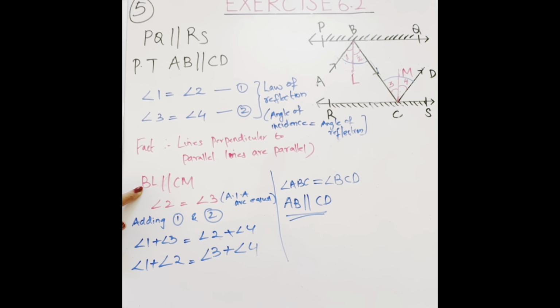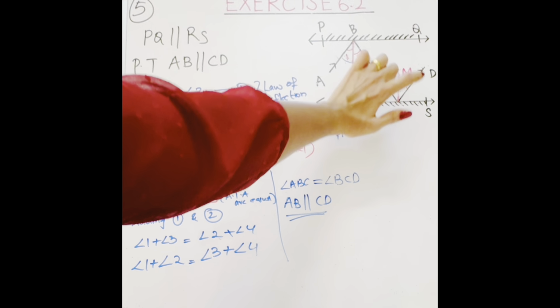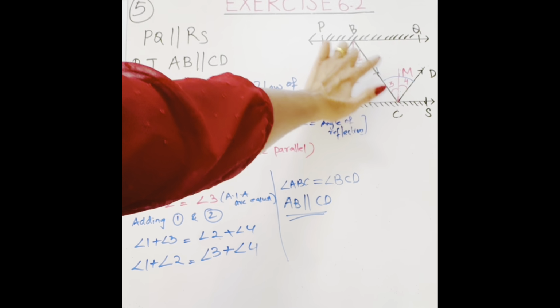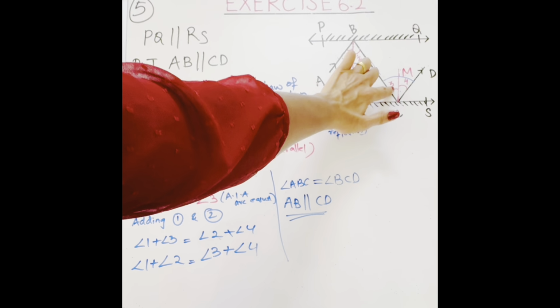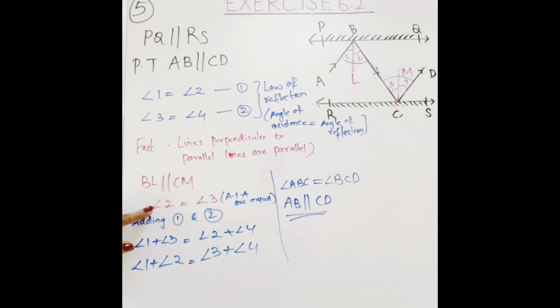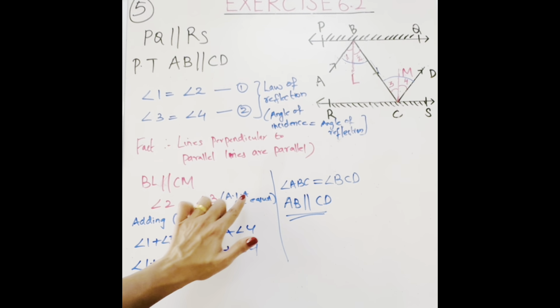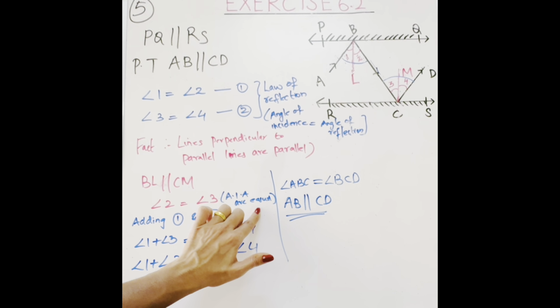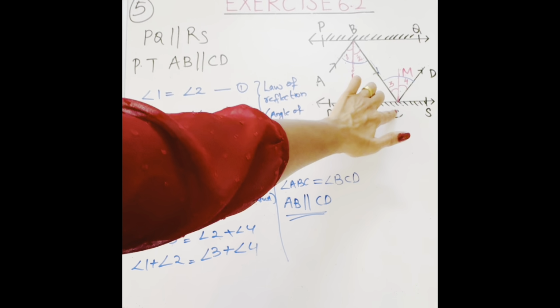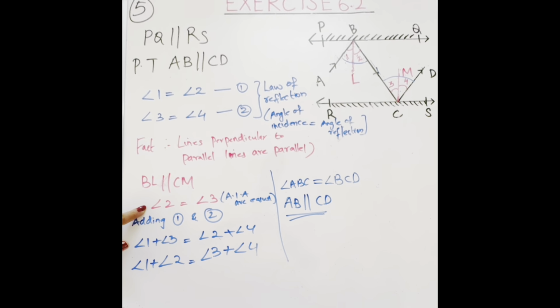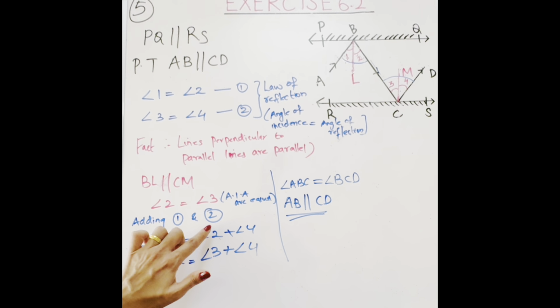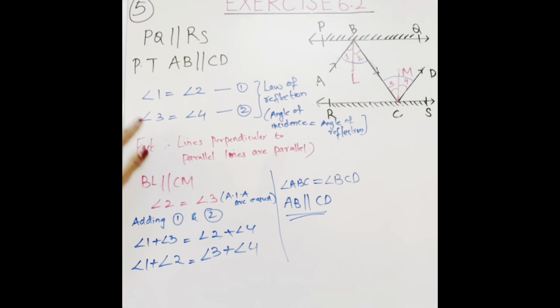So we found BL is parallel to CM, and we found these two angles are alternate interior angles, so we wrote angle 2 is equal to angle 3. Alternate interior angles are equal. Clear? BL is parallel to CM, angle 2 is equal to angle 3. Now we add equation 1 and equation 2.